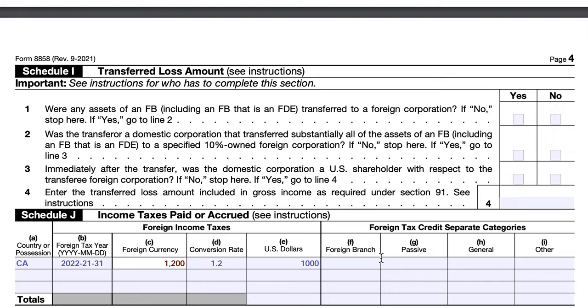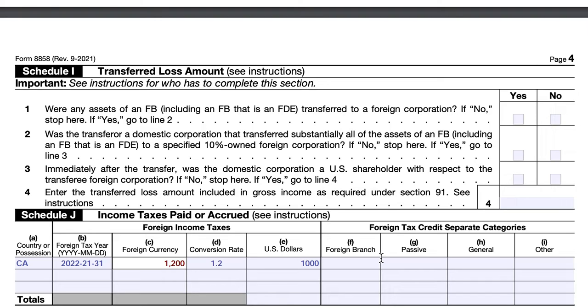1118 being the foreign tax credit for corporations, 1116 being the foreign tax credit for individuals, estates, or trusts. So when you look at categories of income for individuals, there are several different categories. There's Section 951A category, there's foreign branch category, there's passive category income, there's general category income, there's Section 901J income.